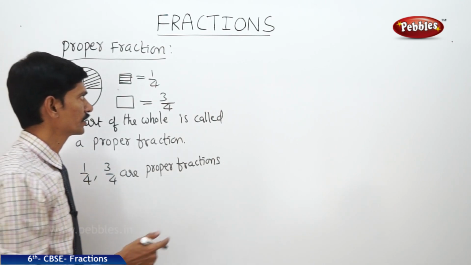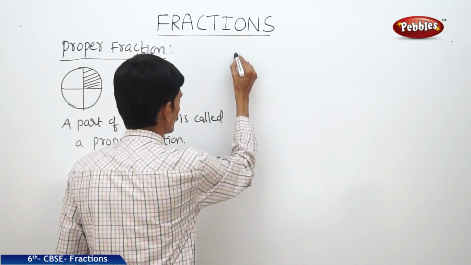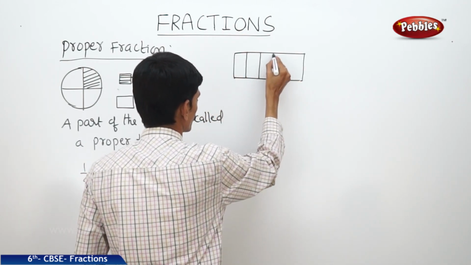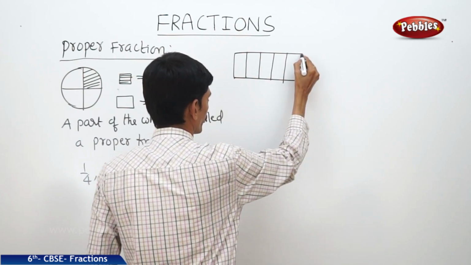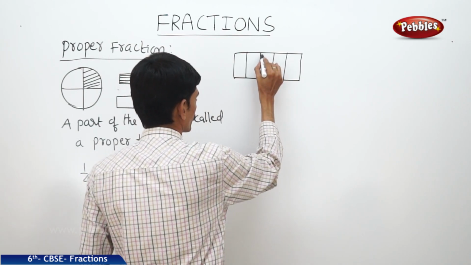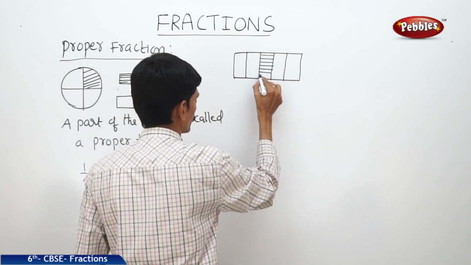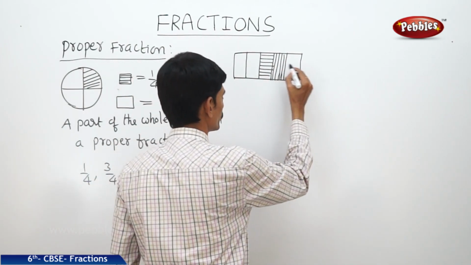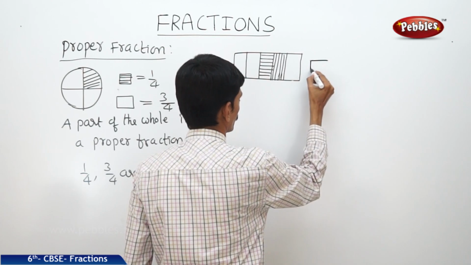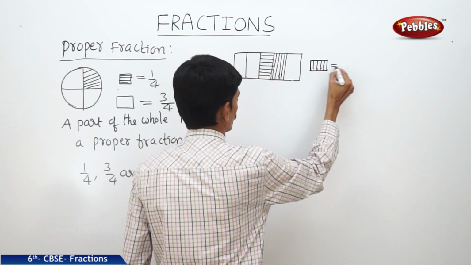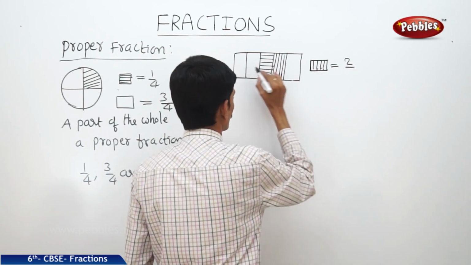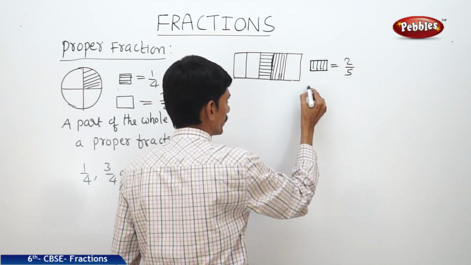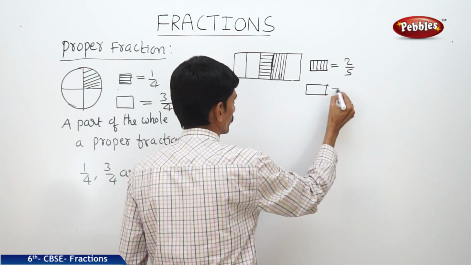Now not only the circle, if you take any other figure, if you take a rectangle divided into 1, 2, 3, 4, 5 equal parts, and if two parts are shaded, the shaded portion represents 2 by 5, and the unshaded part is 3 by 5.